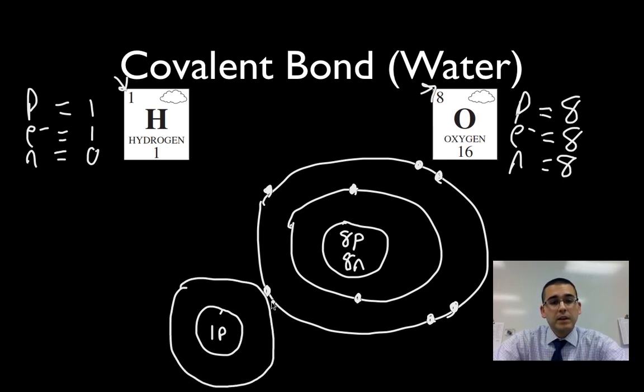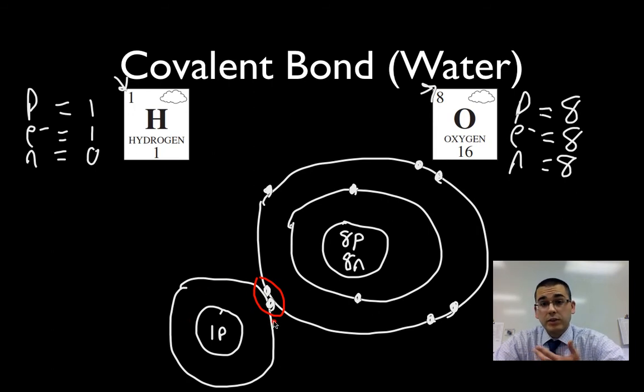Here we have one electron. Now take a look. These two, I'm going to circle these in a different color. You don't have to do this. But right there, this is where the sharing is occurring. This is the covalent bond. So at this point, the outer energy level for hydrogen is filled.